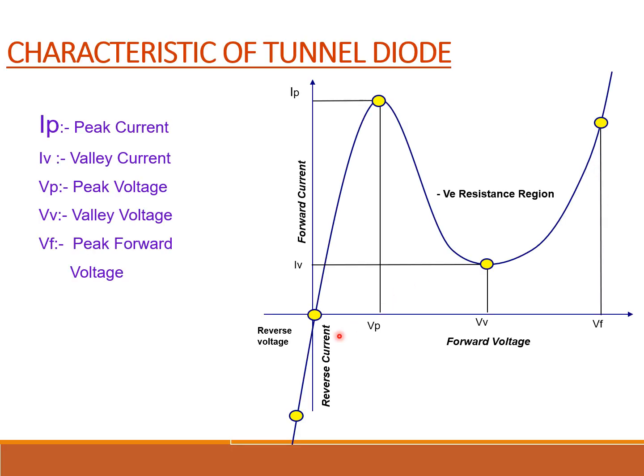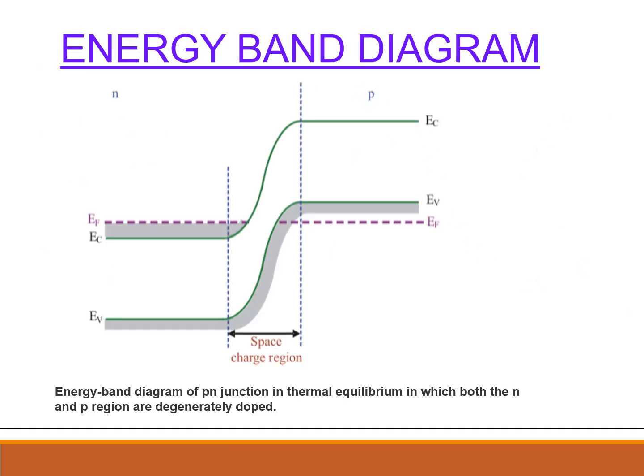Coming to the characteristics of the tunnel diode, its forward current will increase to a peak value, then decrease, and then again increase. This decreasing region is termed the negative resistance region in the tunnel diode.